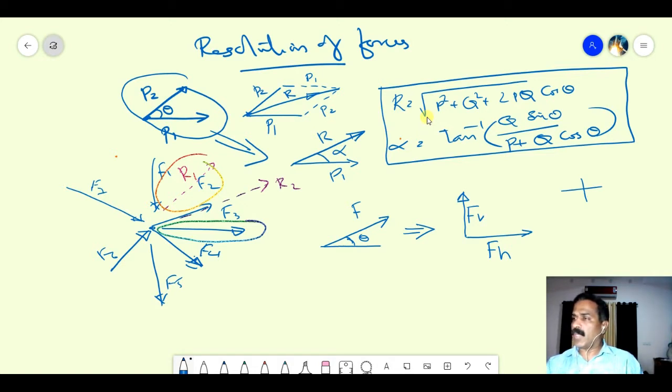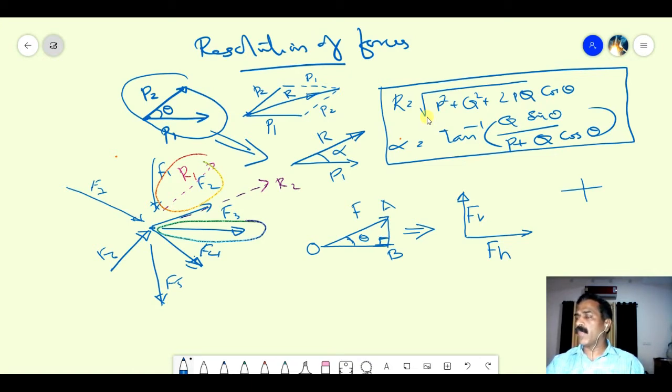So, here you can see, if you drop a perpendicular onto this horizontal line, say this is O, this is A and this is B, in triangle OBA, this angle B is 90 degrees.